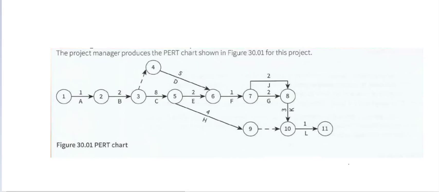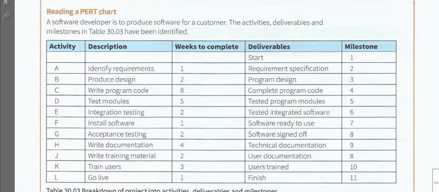Now what this Pert chart is also telling us is that activity F can only begin after activity D and E have been completed. Meaning D was related to testing modules and E was related to integration testing. Once this testing is over, only then can we go to activity F. Activity F is related to the installation of software at, for example, your client's office.